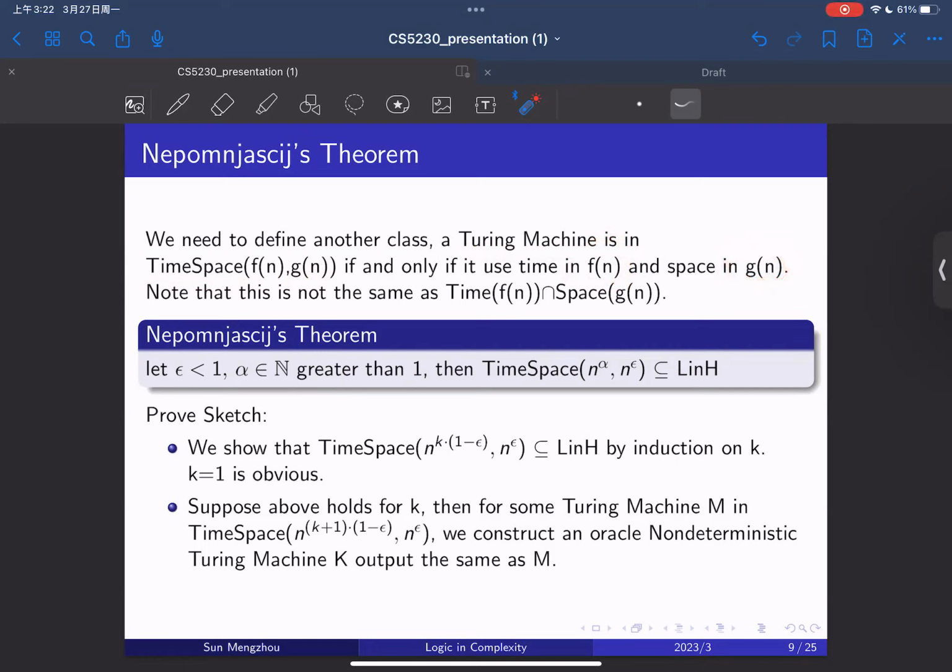But notice that this is not the same as the intersection of the time bound and space bound. This is a bit smaller in general. And the theorem says that if epsilon is less than 1 and alpha is an integer greater than 1, then this time space class is inside the linear hierarchy.